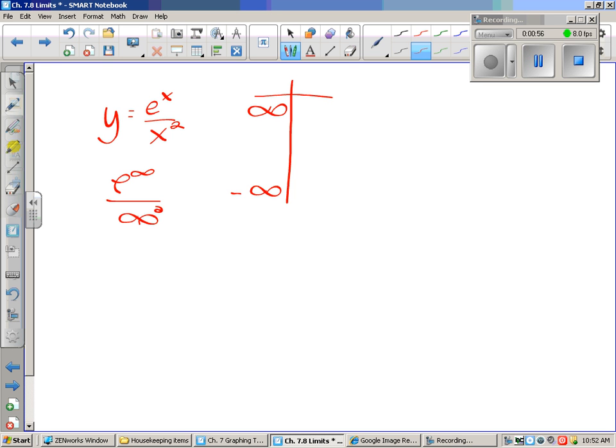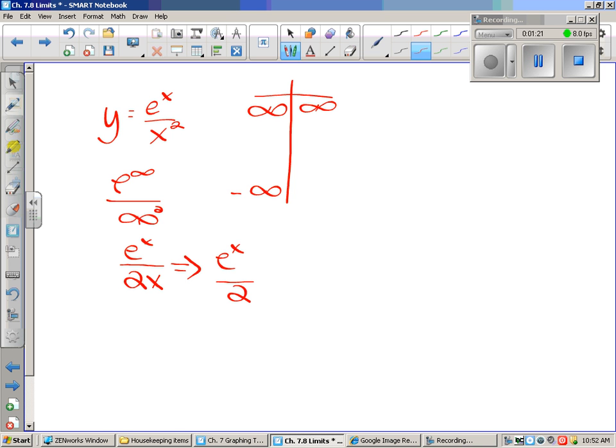Second option is to do L'Hopital's. I would do e to the x over the derivative of the bottom. Put infinity in here, you get infinity over infinity, so you do L'Hopital's again and end up with e to the x over 2. Long and short of it, you could have just figured out that e to the x was the strongest function, and regardless, this would be infinity.